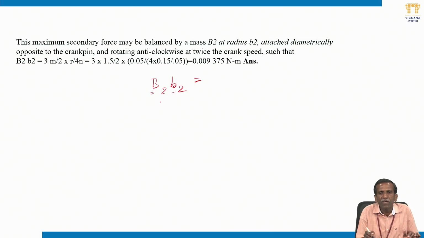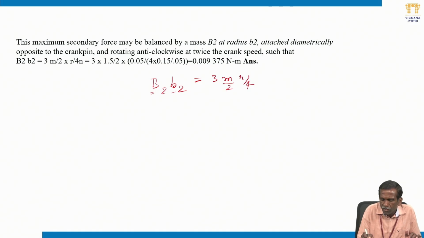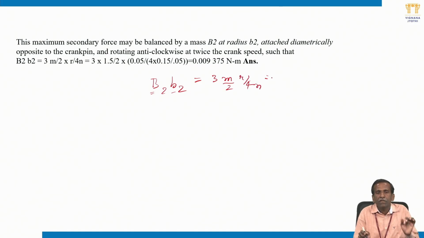If this varies, you can vary that. This is equal to, you know, 3 into m by 2 into r by 4n. You can substitute this: m for each cylinder is 1.5 kg reciprocating mass, and r by 4n, where n is L by R, the connecting rod length by the radius of the crank.